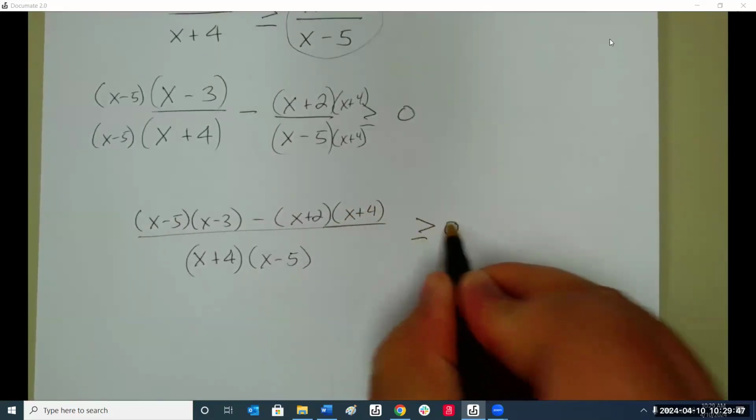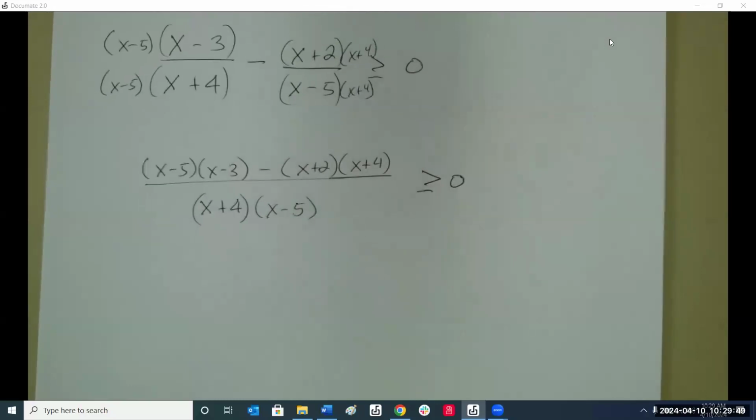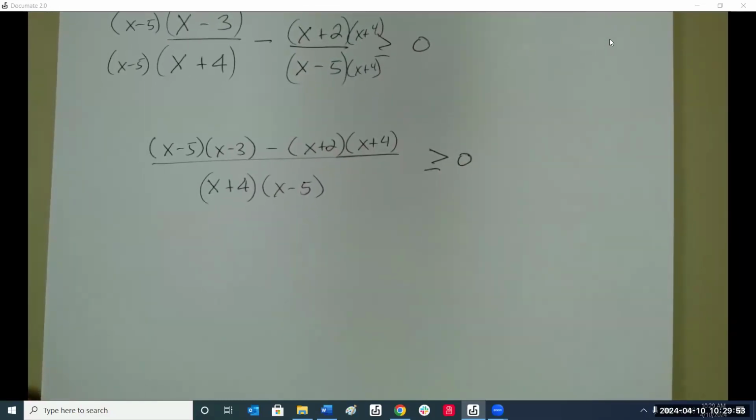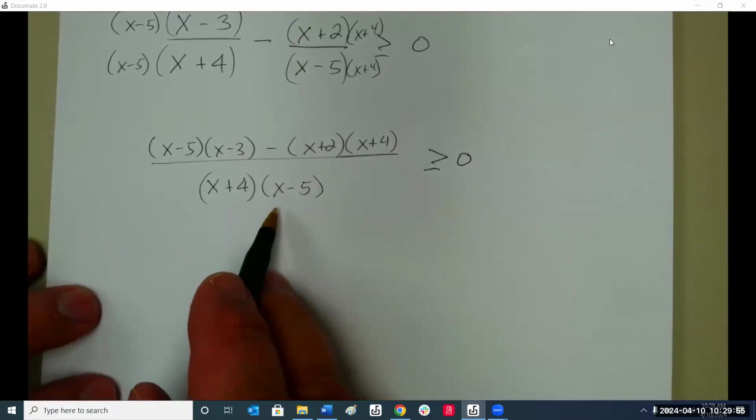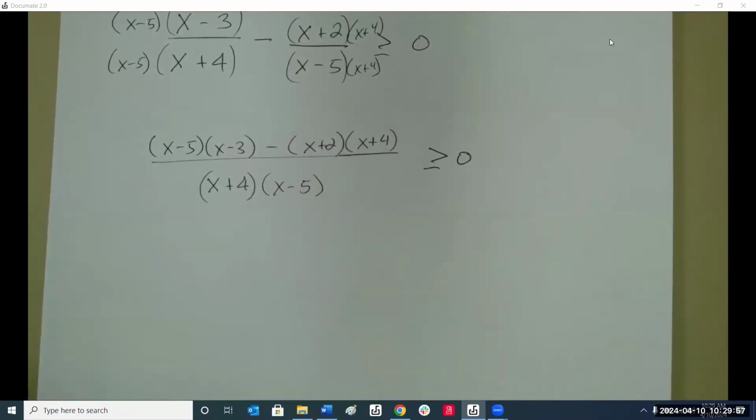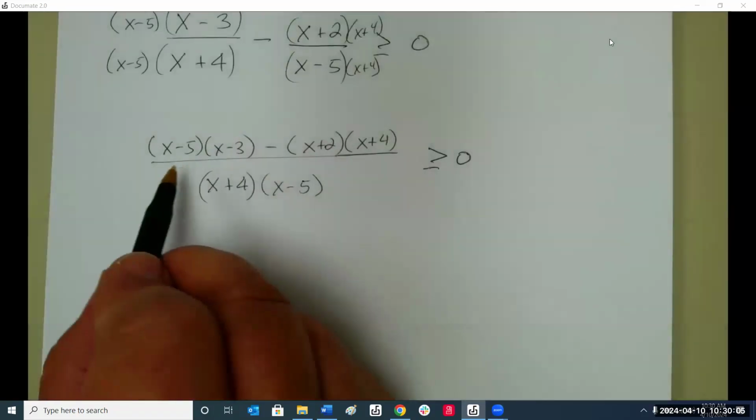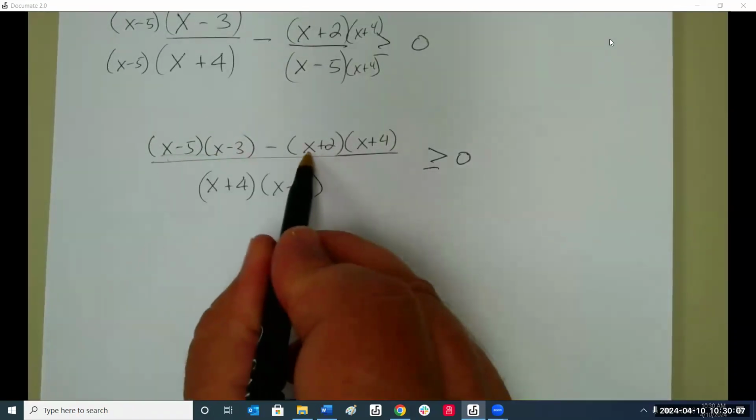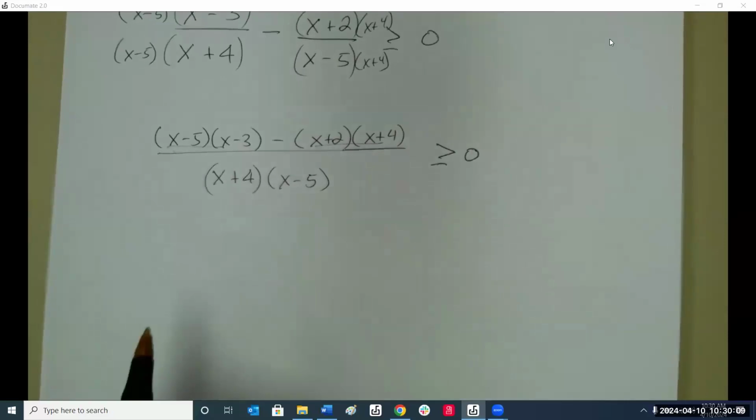Greater than or equal to 0. Leave the bottom factored. Don't multiply them together, because what do we have to do to find the vertical asymptote? Factor it, so it's there already. Now we have to multiply the numerators.